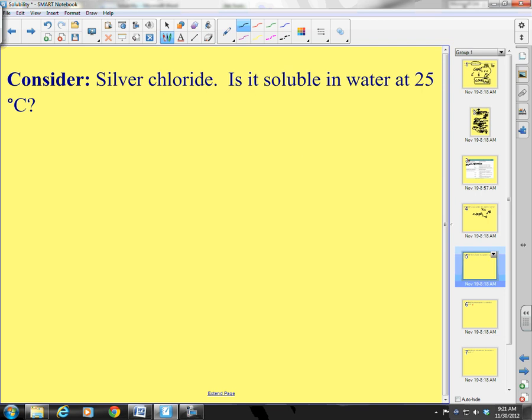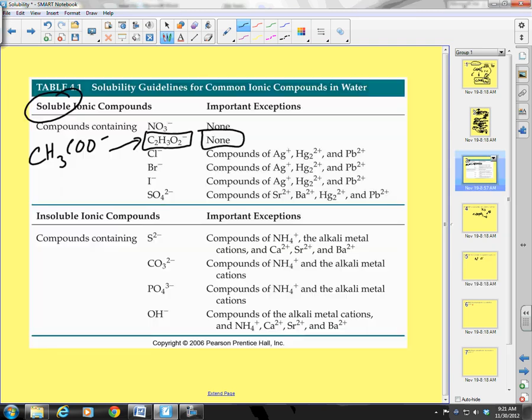Next. You guys do silver chloride. Okay, silver chloride. We want to look for silver, and we want to look for chloride on our table. Do I see anything with silvers? No. But what I do see is chloride. Here's chloride. Chloride is what? Chlorides are soluble. Are there any exceptions?